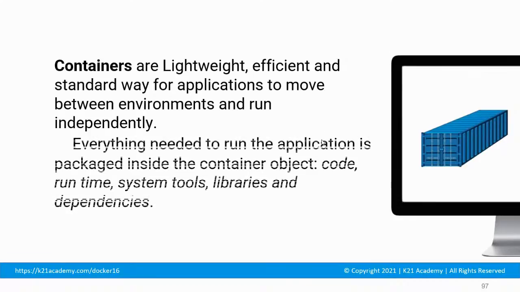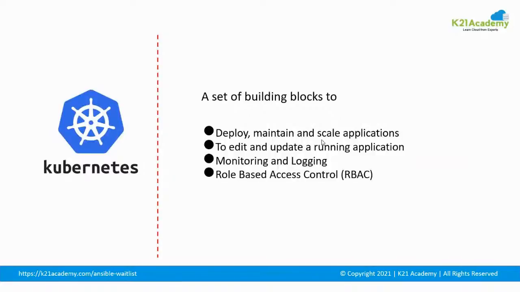Everything your application needs, be it the underlying runtime, libraries, system tools, all its dependencies and code, is bundled together, and you can take that bundle and run it anywhere, as long as you have a container runtime or a Kubernetes cluster. Be it on-premise, AWS, Azure, Google Cloud, Oracle Cloud, or Alibaba Cloud, you can run it freely. That is the beauty of containers, and that is why containers are important. But then what is this Kubernetes?